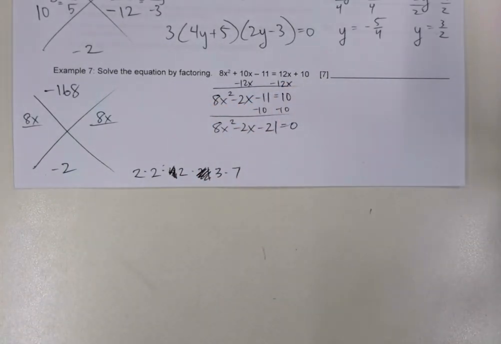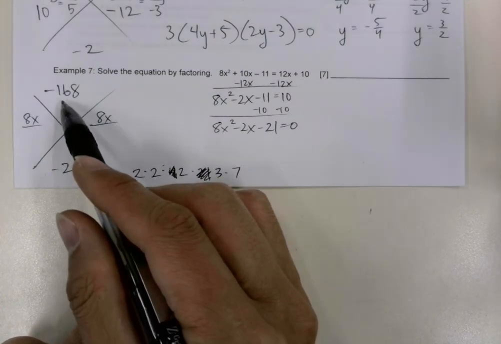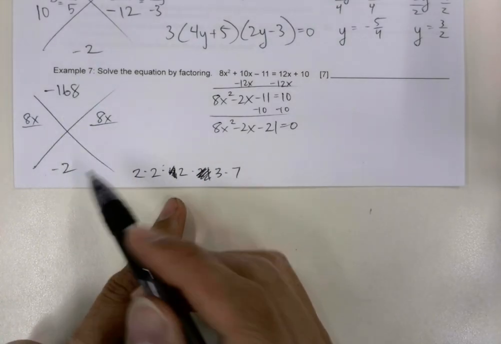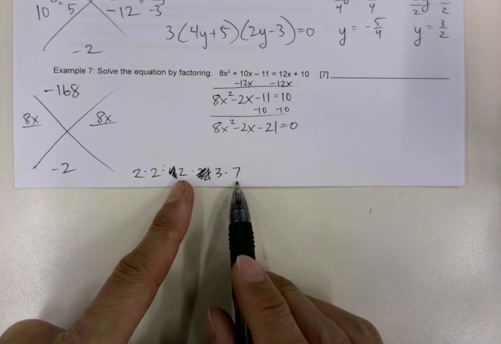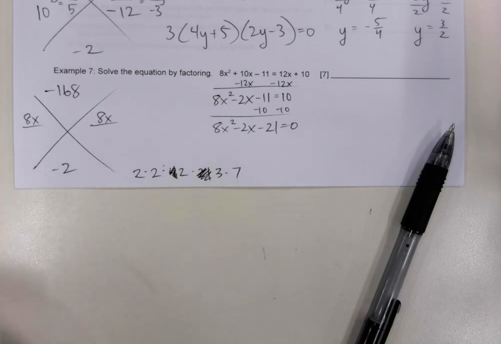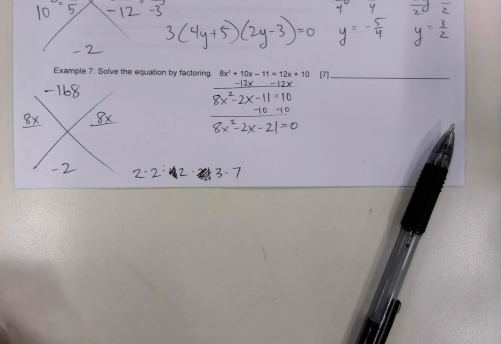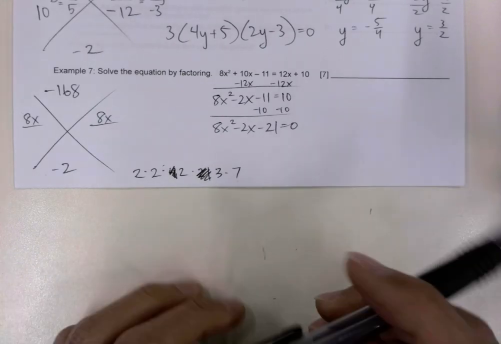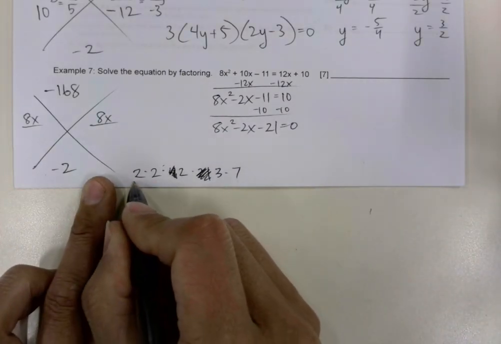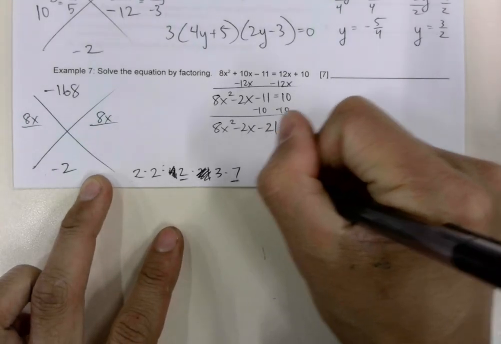Right. So I think the two numbers that are going to multiply to 168 and add up to negative 2 are going to be 2 times 7, and then the rest of the factors. So these two factors, the 2 and the 7, make 14.